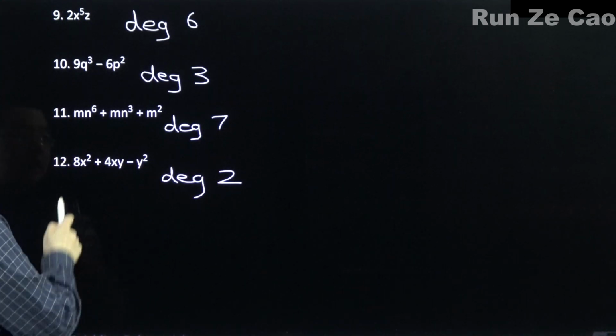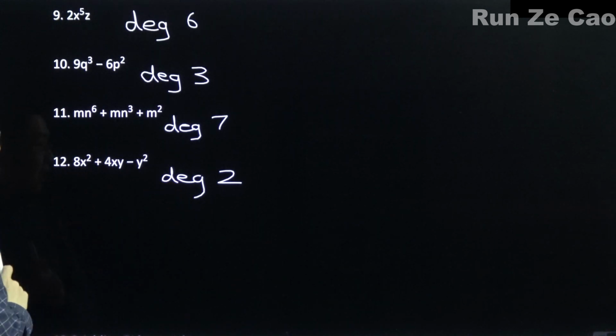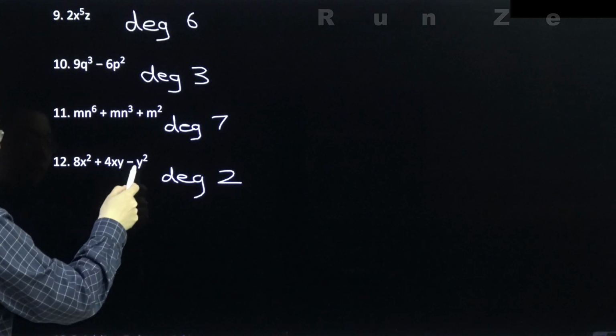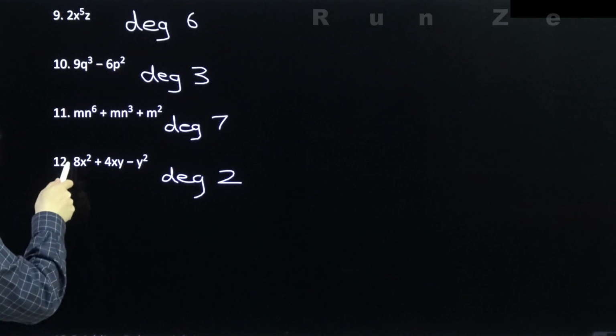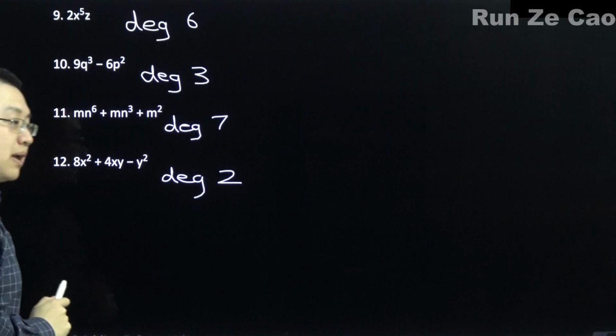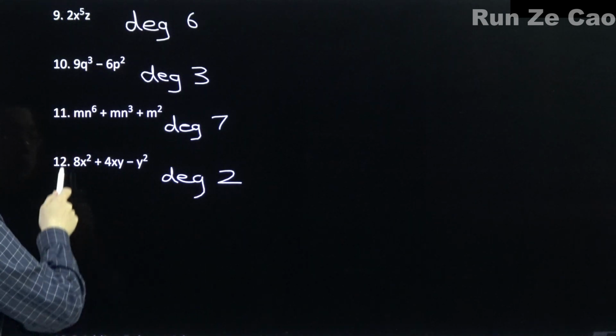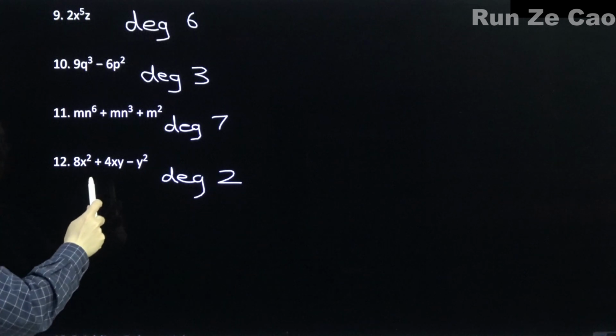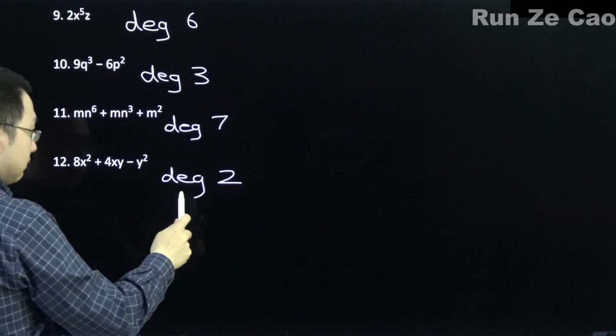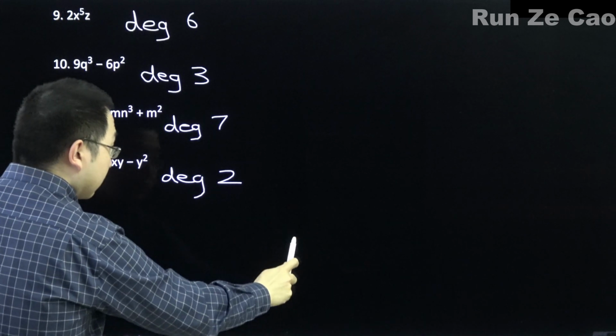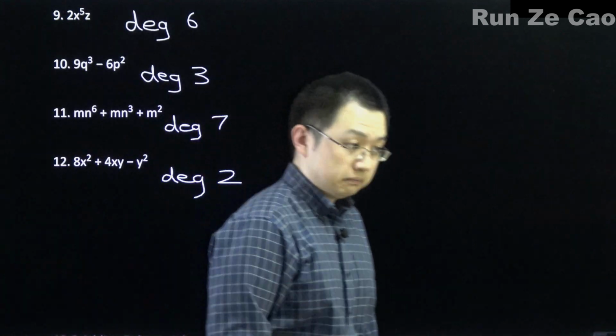Highest degree to lowest, and within the same degree, you go by alphabetical order. Because x comes before y, and then xy comes in the middle. If it was, say, x to the 3rd and y to the 3rd, you would have x to the 3rd, x squared y, xy squared, and y to the 3rd, in that order.